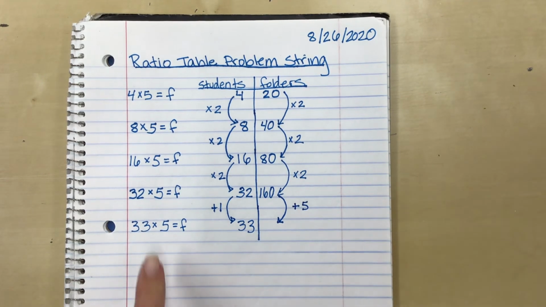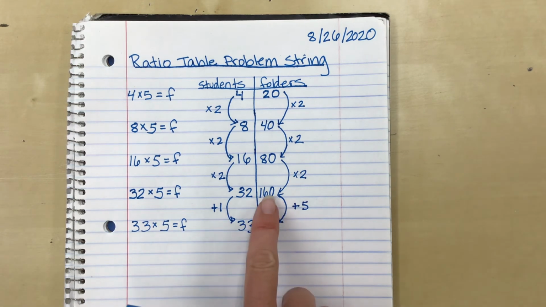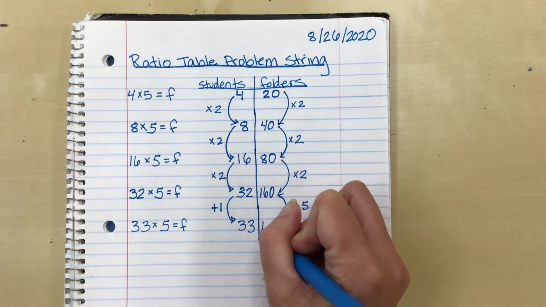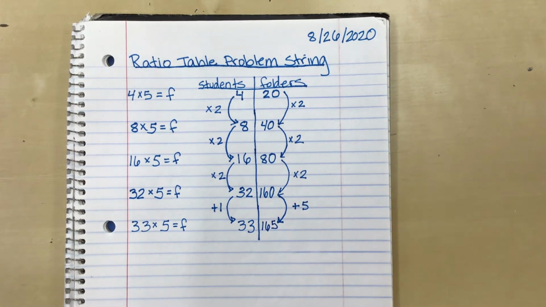So now we can say 33 times 5 is the same as 160 plus 5. And what do you get? 165. I love ratio tables. They're like puzzles, and I really like puzzles a lot.